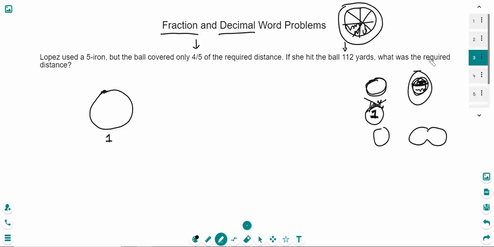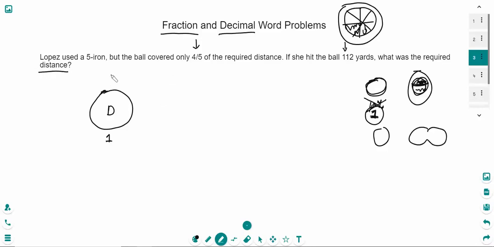What was the required distance? So the required distance would be all of the distance, the whole distance that we're looking at. So whenever we find out which number represents the whole amount, that's the number that's going into this first bubble. Now, they didn't tell us that. That's what we need to find out. So we'll just call this D for distance. Okay, the whole distance. What was the whole distance that she wanted to go?